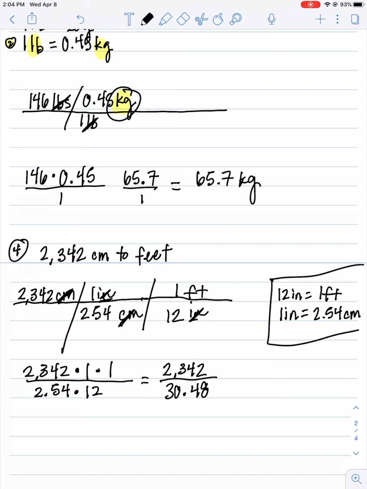And you may say, well, Miss Flo, what do I do with these two numbers? Well, you divide them, guys. That's a fraction. So 2,342 divided by 30.48 is approximately, for those of you that aren't aware of that symbol, 76.8.